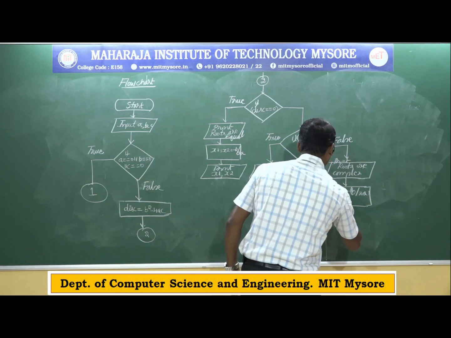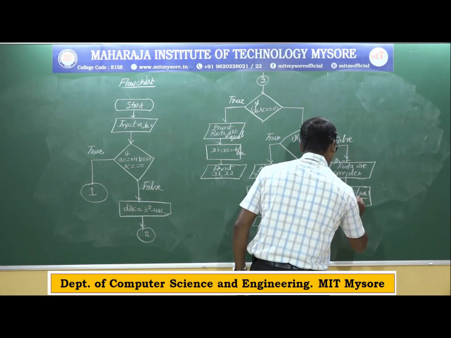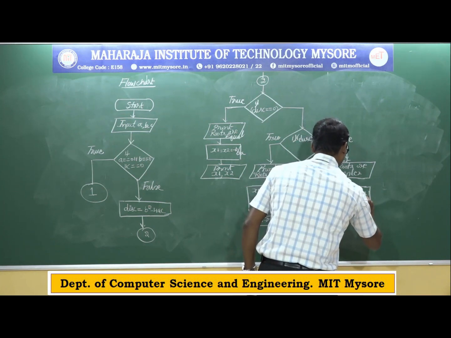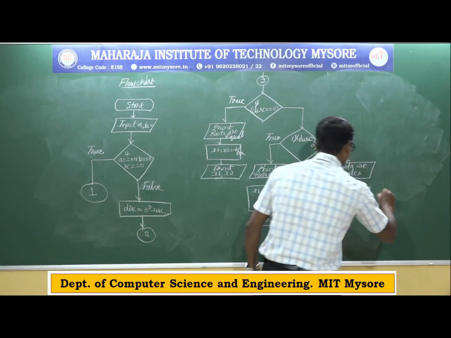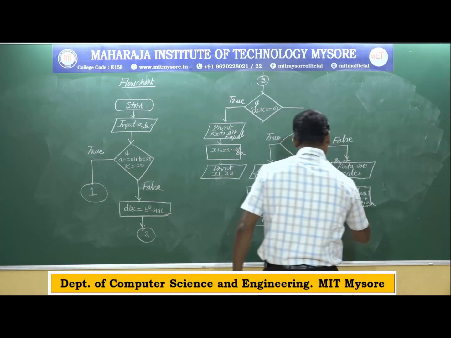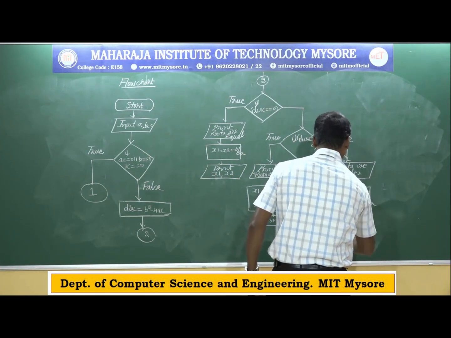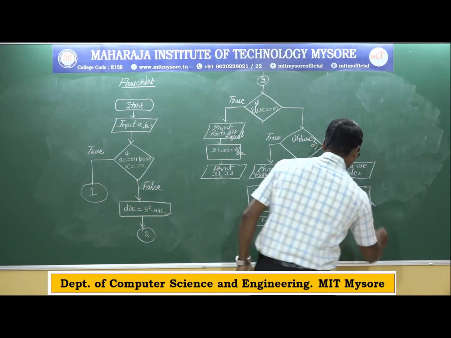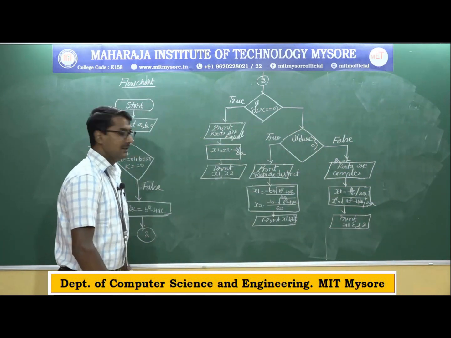Then x2 is equal to square root of b square minus 4ac divided by 2a. Print x1 and x2. So here I will print the value of x1 and x2.